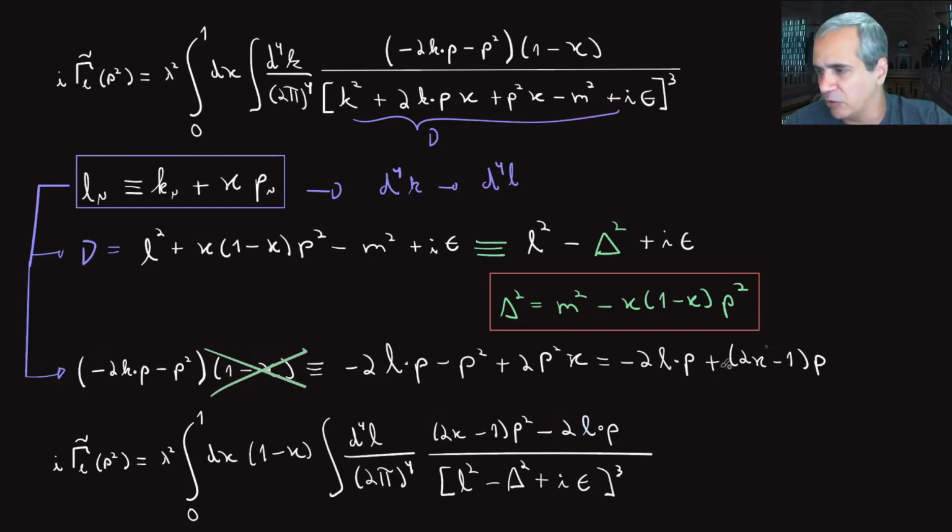That means that all these integrals are zero. I don't have to care about this term just by symmetry, since it's the integral of an odd function on a symmetric interval. This is zero. I don't have to worry about this part. So I only have to do the integration for this thing here, and of course with this denominator.